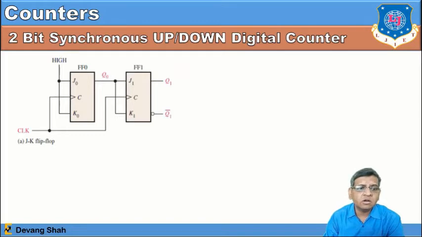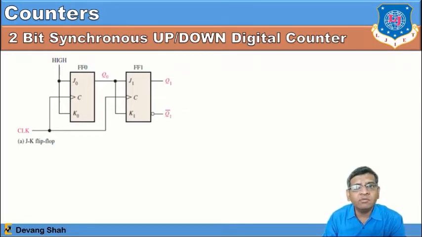Yes, you can see the clock signal. This particular 2-bit synchronous counter is made up of JK flip-flops, where both inputs of the JK flip-flop are 1, 1. In our previous sessions we discussed that if both inputs of the JK flip-flop are 1, 1, each time you are going to have a triggered output at Q and Q bar, right?